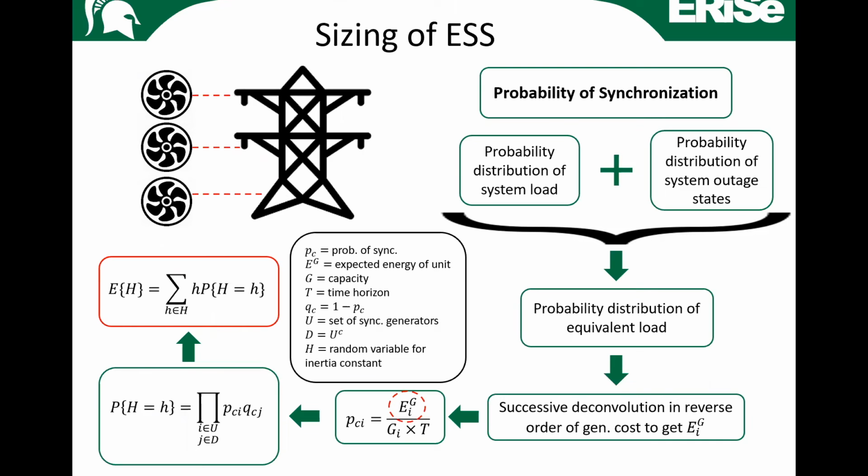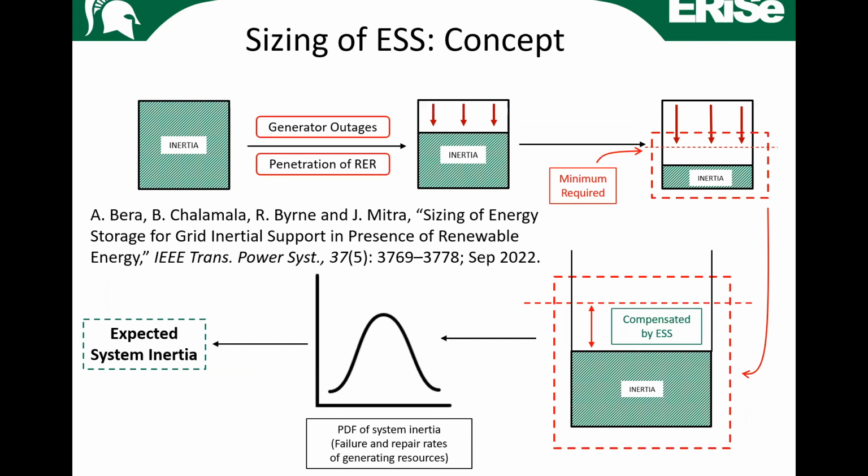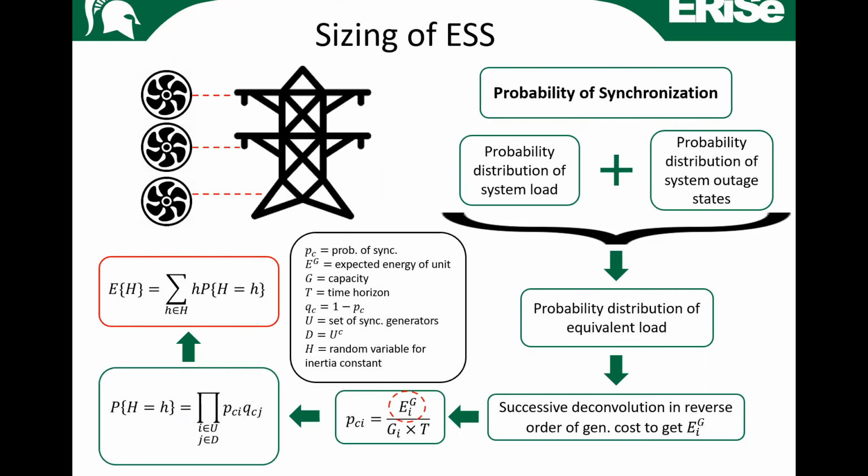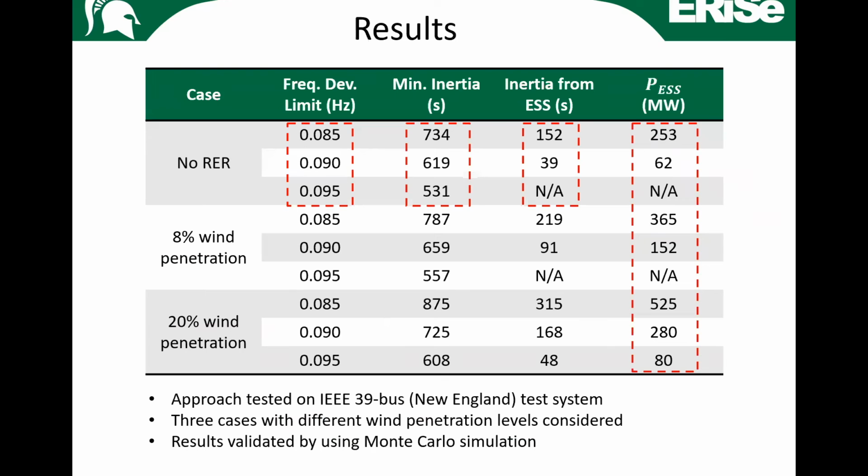Okay, but anyway, we got the probability of synchronization, and based on that, we built a distribution curve for different generators. And so the probability of getting so much inertia, where H is a measure of the inertia, is this much from every generator. And using that, you can get the expected inertia. And as I said, if you take the difference, as I showed here, you get how much inertia you might need from energy storage systems.